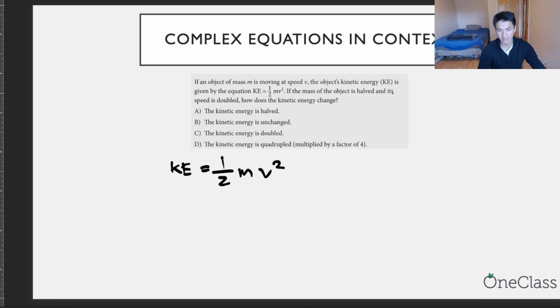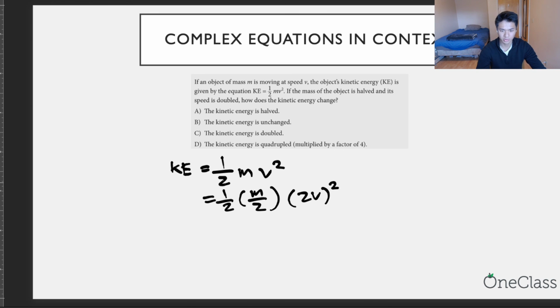The mass of the object is halved, so that means m is divided by 2, so we get 1/2 m over 2. And then its speed is doubled, which means velocity here, v, is doubled, so that's 2v.